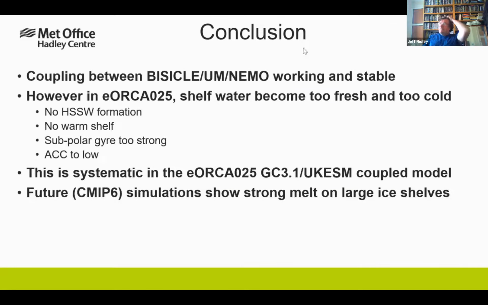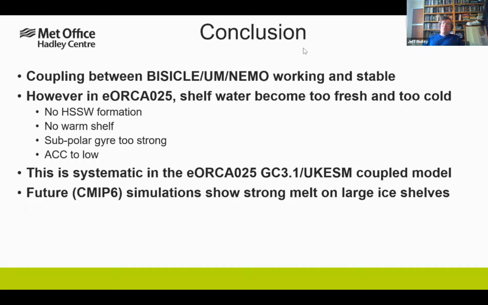So, conclusion. The model works and is stable, and it couples the atmosphere and the ocean successfully. If we look at the intermediate resolution model, then it has some serious problems that rule it out.